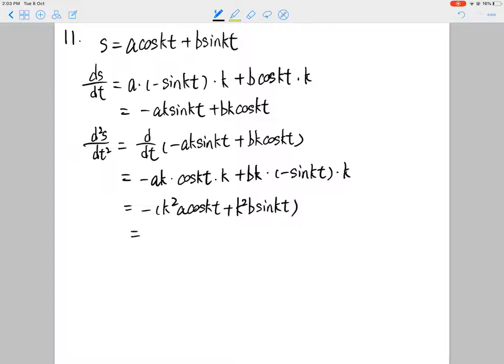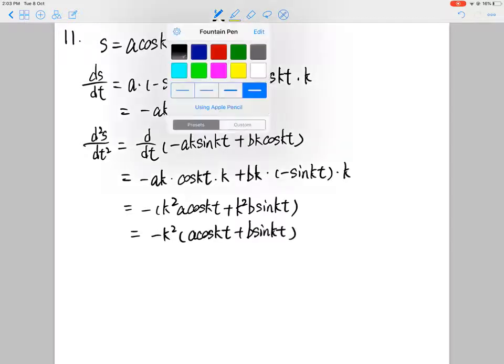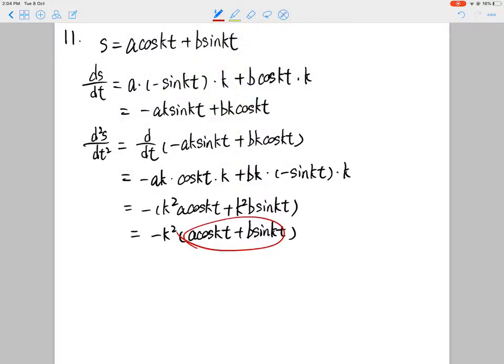Okay, so it's negative k square a cosine kt plus b sine kt. Right, and this is exactly s, right? So in the end, you can write it as negative k square s. Okay.